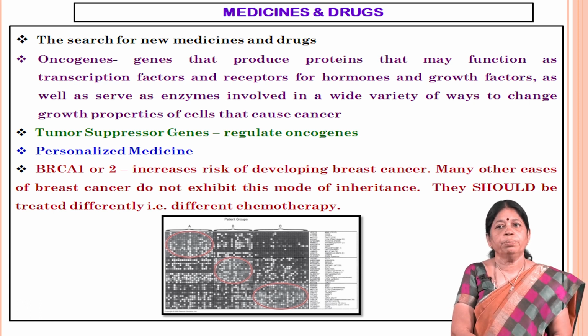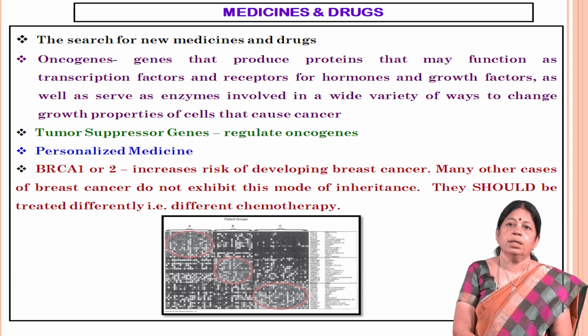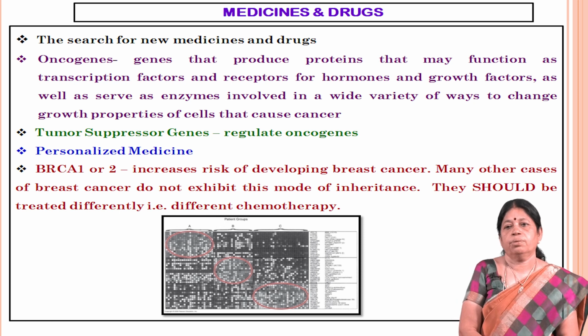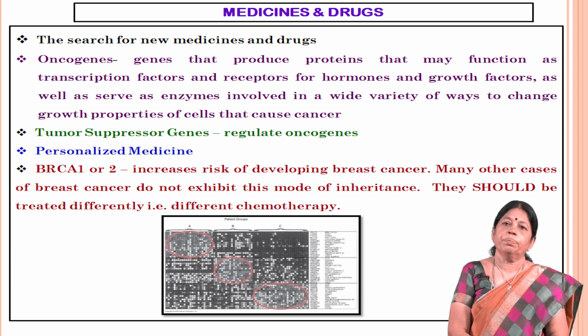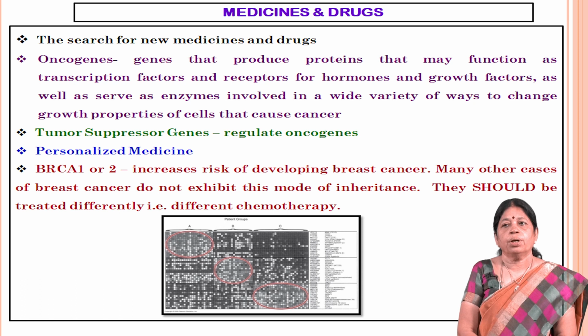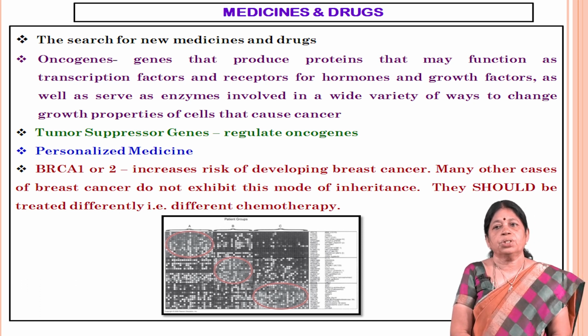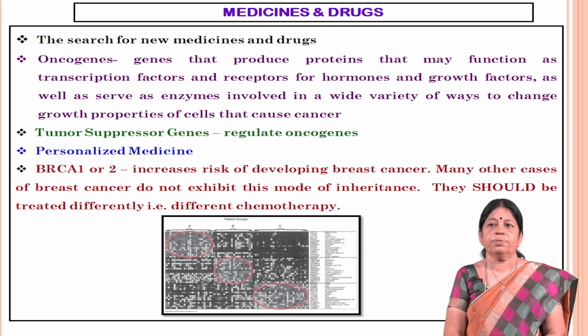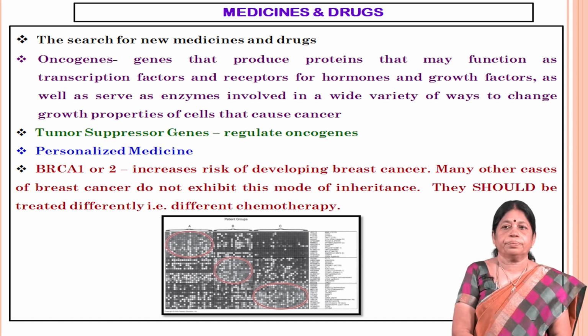The search for new medicines and drugs is going on nowadays, mainly for the finding of oncogenes. What is an oncogene? The genes which are responsible for the production of cancerous growth. So the genes produce proteins that may function as transcription factors and receptors for hormones and growth factors, as well as serve as enzymes, which are involved in a wide variety of ways to change the growth properties of a cell that cause cancer.